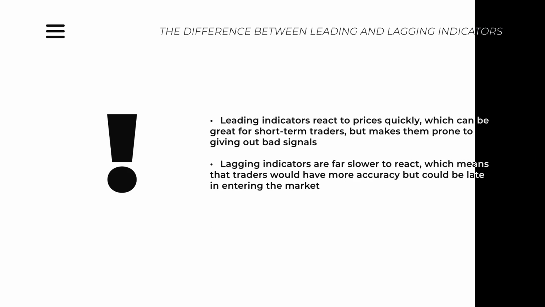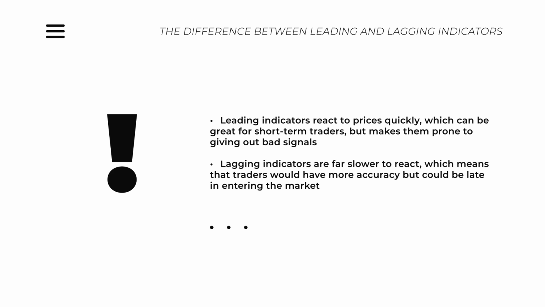Leading indicators react to prices quickly, which can be great for short-term traders, but makes them prone to giving out false signals. Conversely, lagging indicators are far slower to react, which means that traders would have more accuracy, but could be late in entering the market.